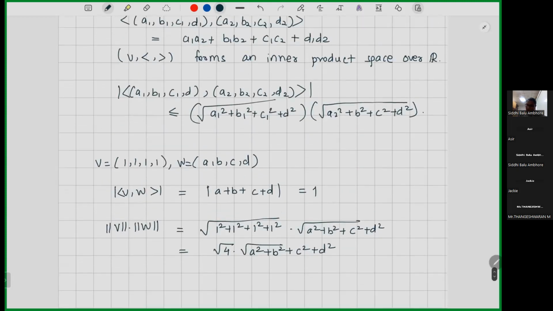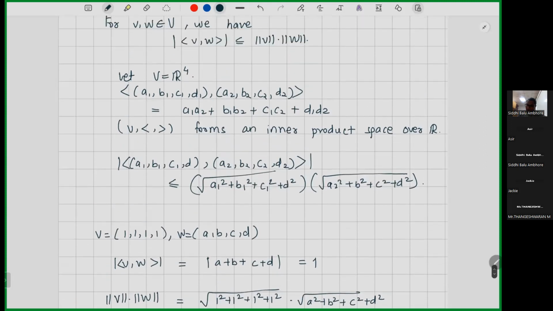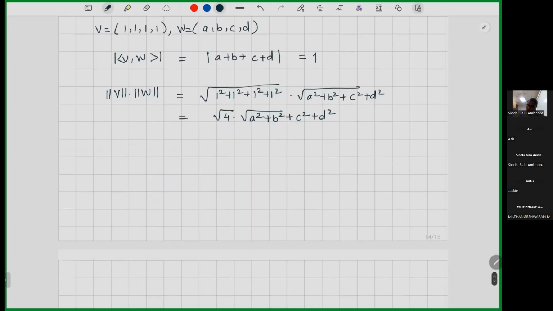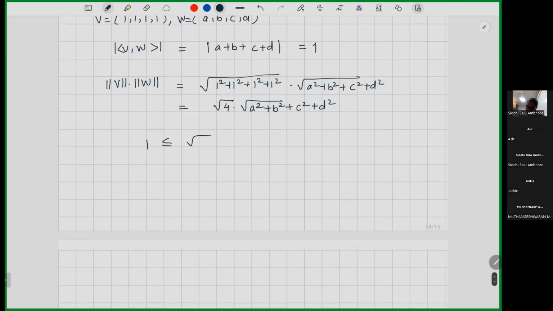So by Cauchy-Schwarz inequality, we get that this 1 is less than or equal to square root 4 into square root of A square, B square, C square plus D square. And I can happily now take squares on both sides and this will still hold. Note that here this 1 is important.